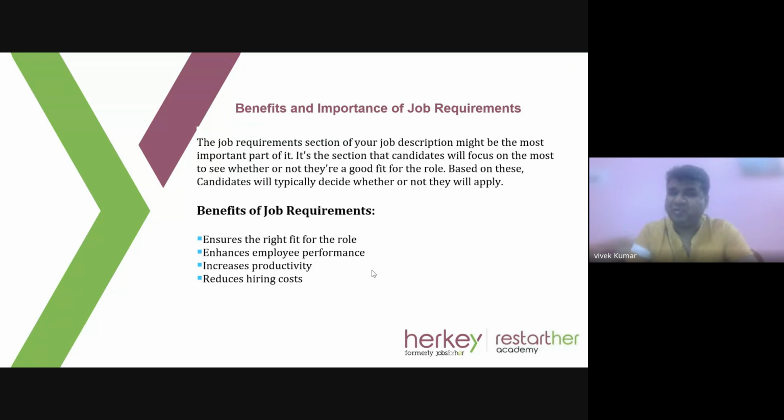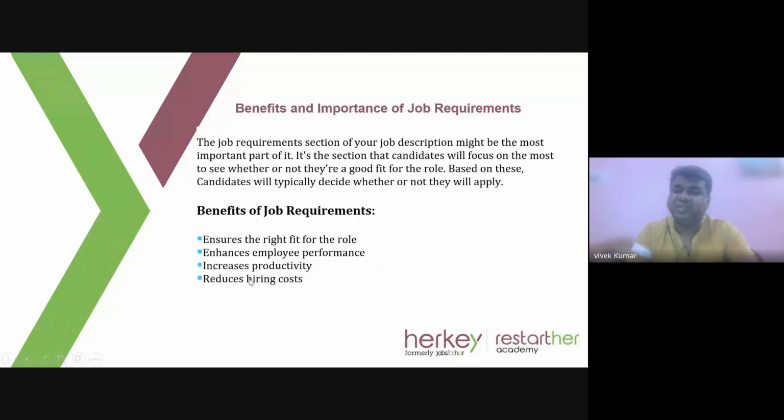Like if you are hiring for, let's say, a web developer, you can even put something like front-end developer or back-end developer as two different profiles, right? And you would know that if you're hiring someone who is an expert or has a good amount of experience in that particular domain, then obviously it will enhance the employee performance, because that person would always be in line with what you're hiring for, and they already have the skills.